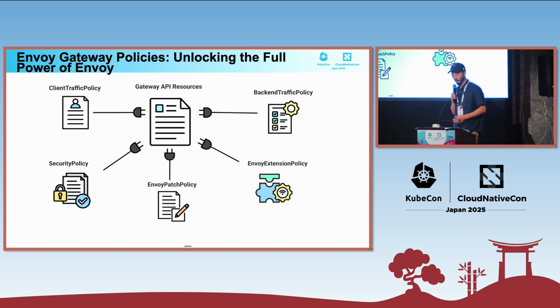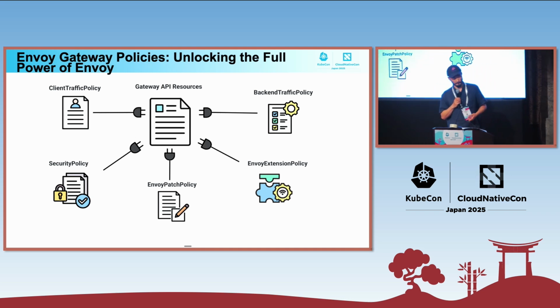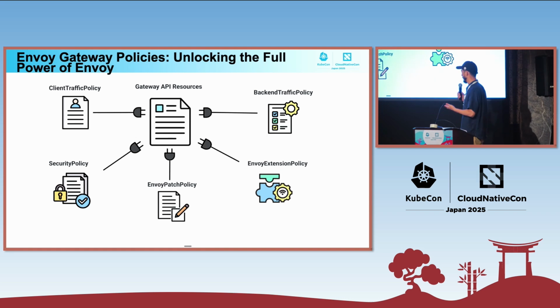So these policies unlock Envoy's basic features like fine-grained traffic control, advanced security like OIDC and JWT authentication, and custom plugins like Lua, Wasm, external processing, and even low-level xDS patching. So you get the best of both worlds: a clean, portable API, and all the power of Envoy under the hood.